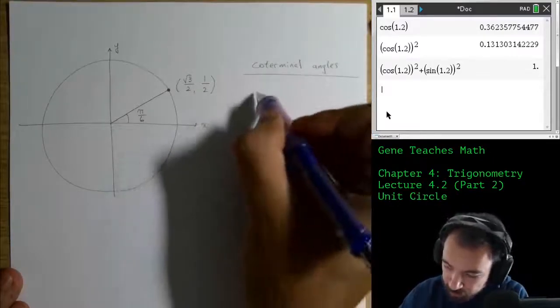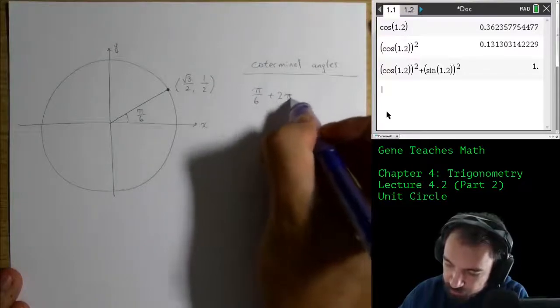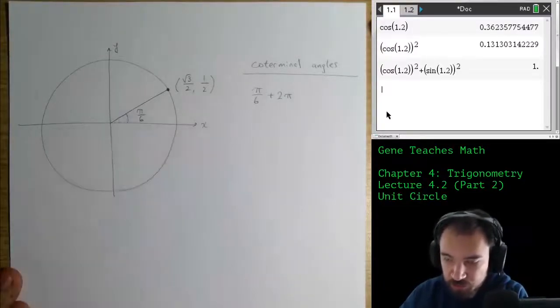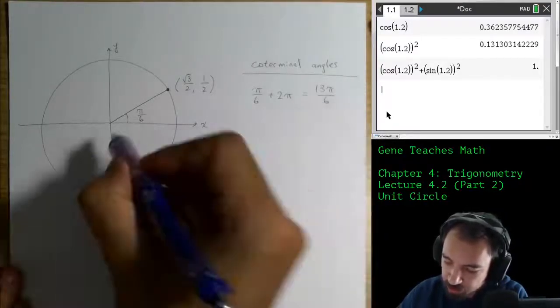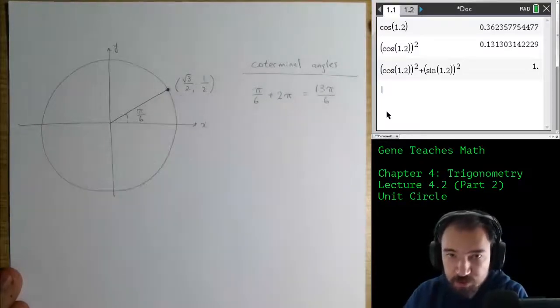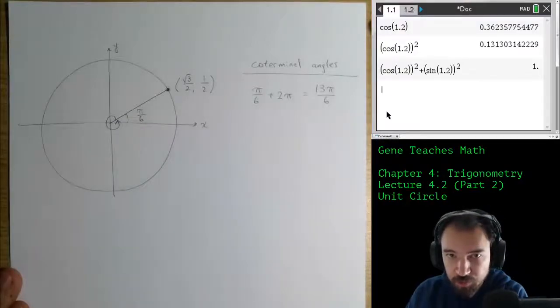So if I were to take the angle pi over 6 and add 2 pi to it, that would be taking an extra circle and adding it to this angle. 13 pi over 6 should end up in the same angular position as this, meaning it's going to have the same intersection point, right? Because it's just pi over 6 plus an additional 2 pi.